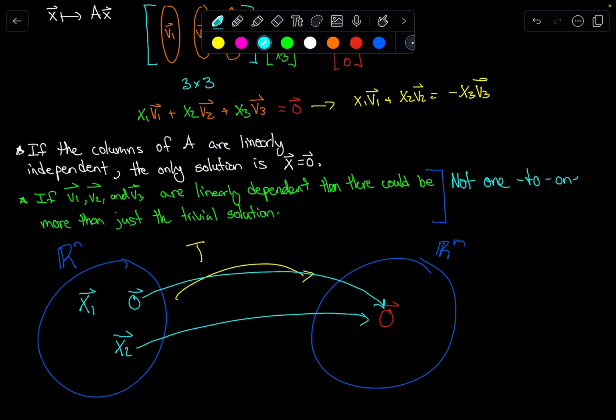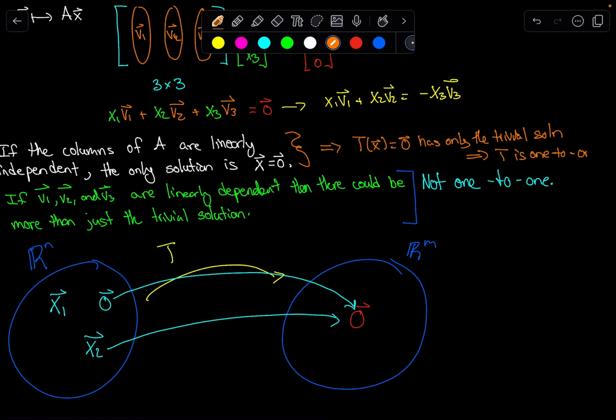Not one-to-one, okay? And if the columns are linearly independent, then what this means is that T of x equals 0 has only the trivial solution. And it turns out that this is enough to prove that then T is one-to-one.